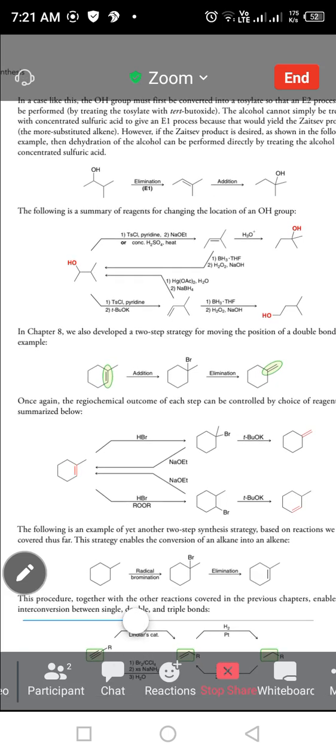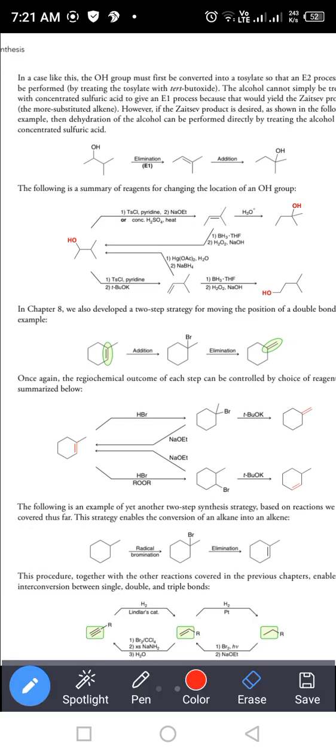So this strategy can be adopted in a number of different routes, a number of different design strategies. Here we just focus on the design strategy to convert this compound into this compound. This OH group is first changed through elimination. Even with a unimolecular elimination reaction, the alcohol can be changed into an alkene.